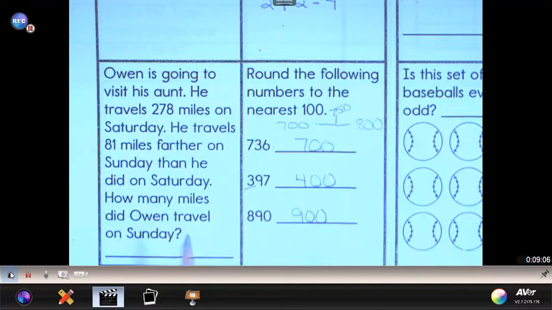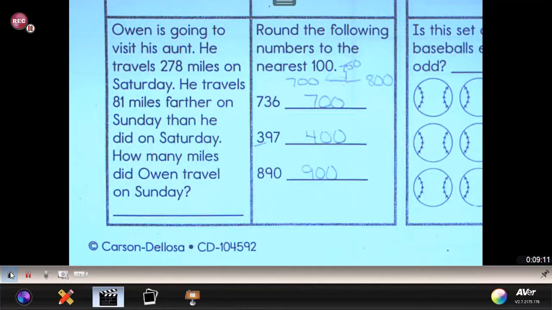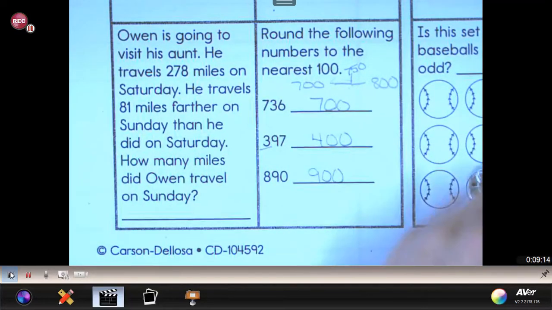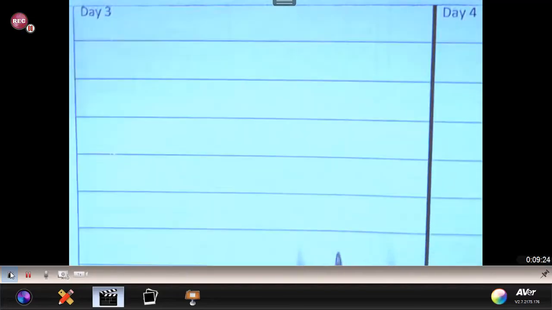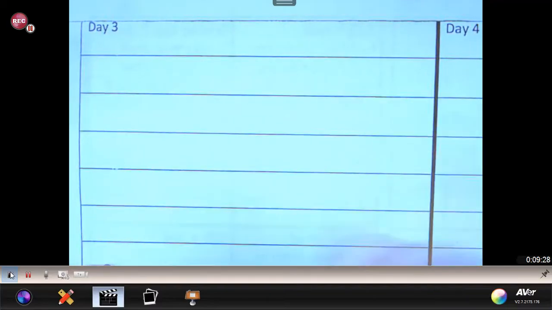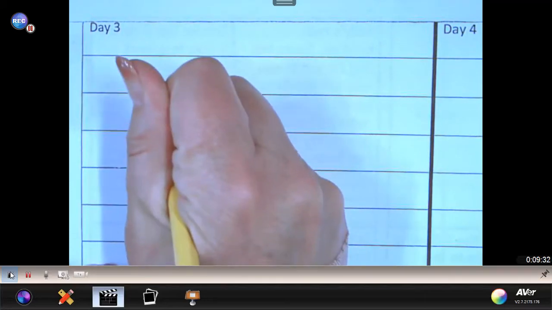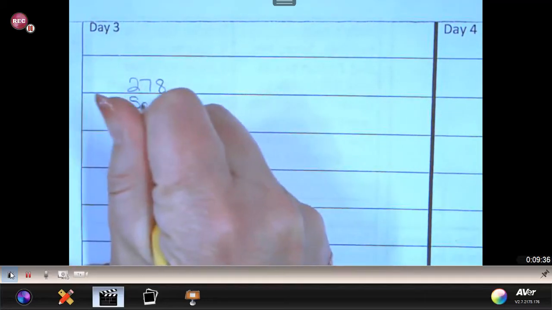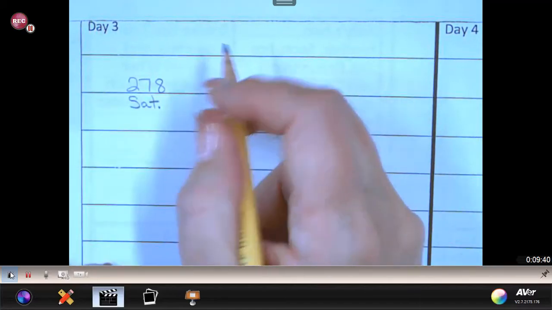So if we were to think about how to show this possibly on a graphic organizer, remember you have this space in the back to show your work. You have 278 miles that he traveled on Saturday. He traveled 81 miles further.